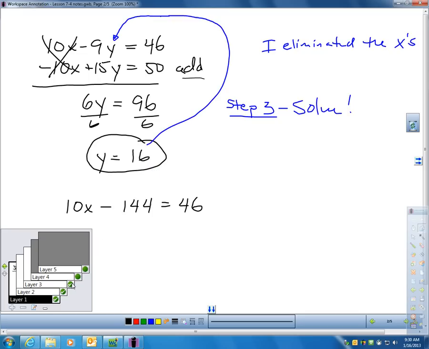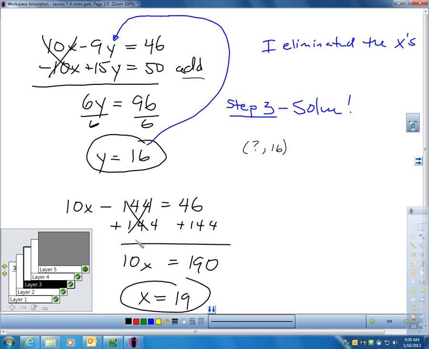So I know right now my answer is some x value comma 16. All you need to do to find that x value is take 16 for y and replace it in one of your equations. I replaced it in my first equation, and I have 10x minus 9 times 16, which is 144, equals 46.